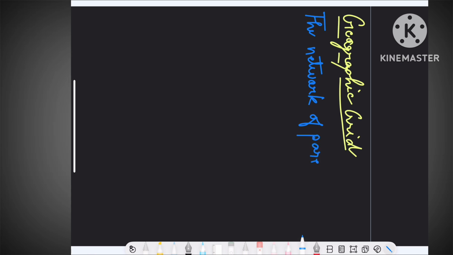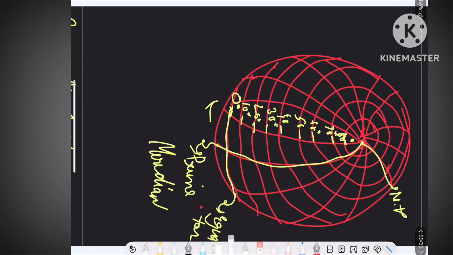What do you mean by parallel? Parallel means lines that never meet. Suppose these two lines go ahead, but they never meet. Of parallels. What parallels? Latitudes and longitudes.